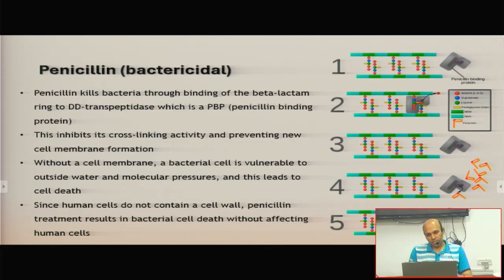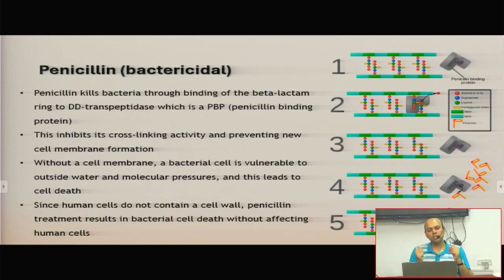But the penicillin, the antibiotic, binds to that penicillin binding protein. And when it binds, the reaction that is supposed to be catalyzed, in order to build the bridge between the different residues, in steps 4 and 5, can't happen, so the bonds are not formed.